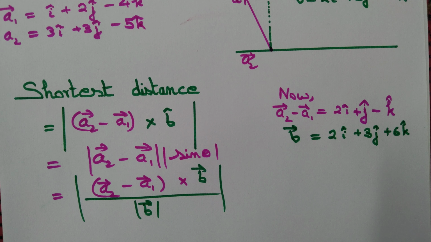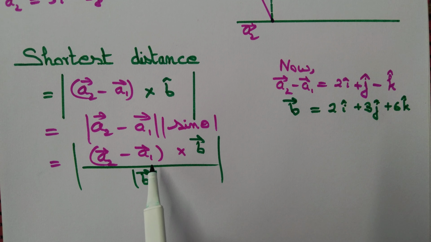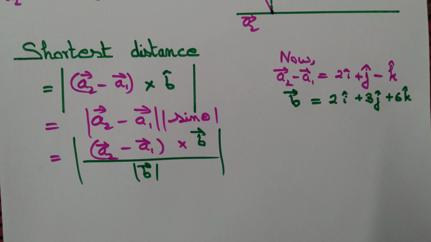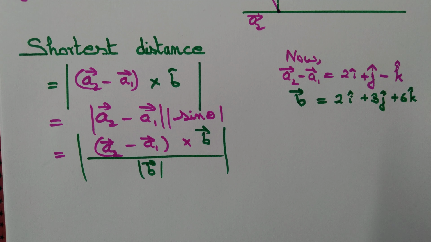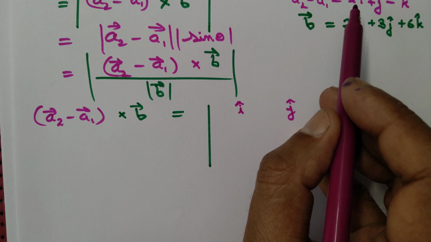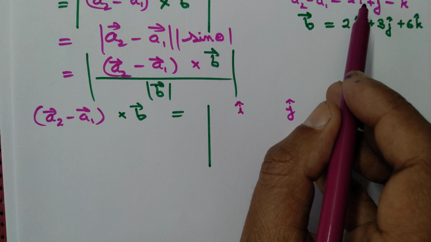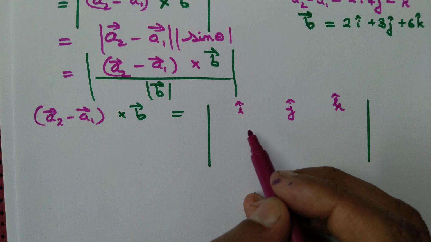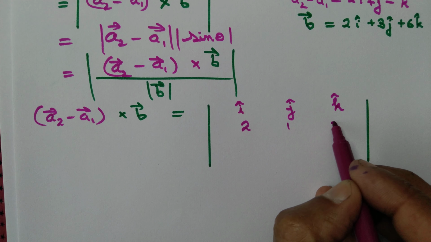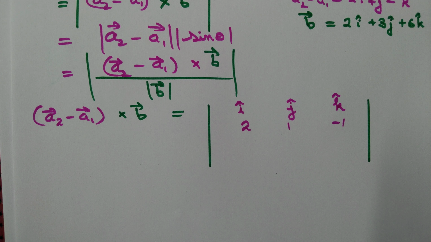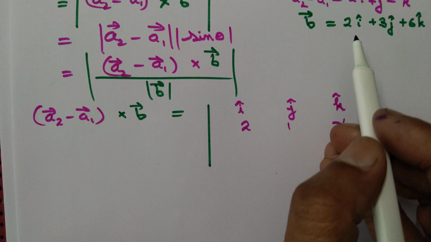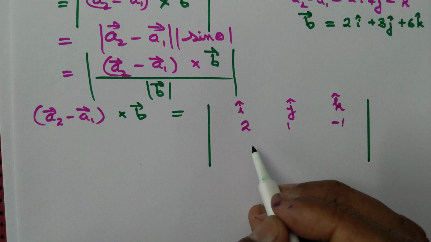Now let us find the cross product of A2 minus A1 with B. That we can do using determinants. We write the coefficients of ijk for the first vector, that is 2, 1, minus 1, and the coefficients of ijk for the second vector, that is 2, 3, 6.